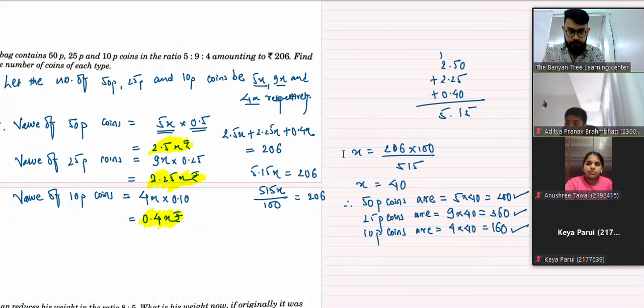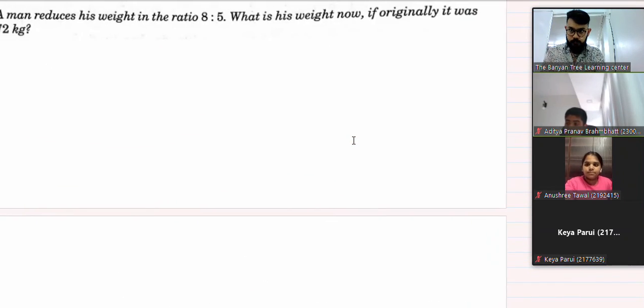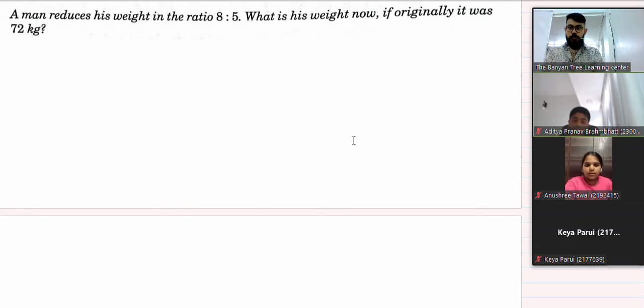Next question. A man reduces his weight in the ratio 8:5. What is his weight now if originally it was 72 kg? So what they are saying is that the ratio of original weight to reduced weight is 8:5.